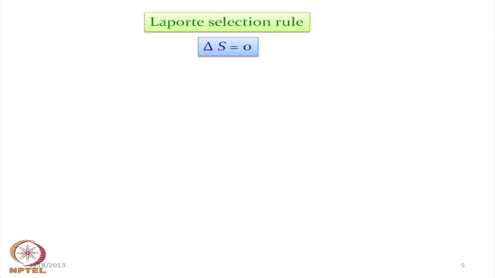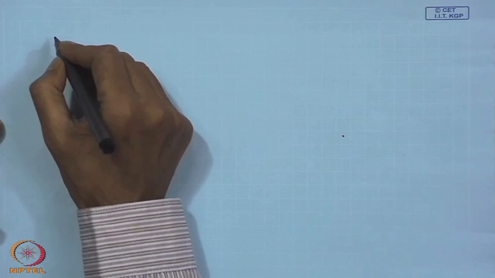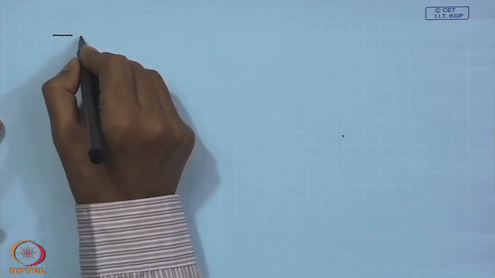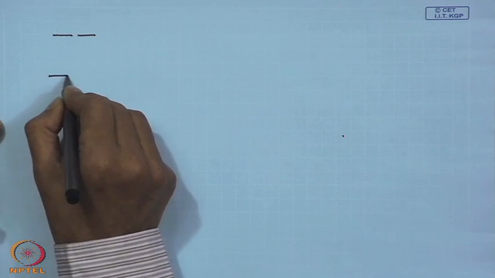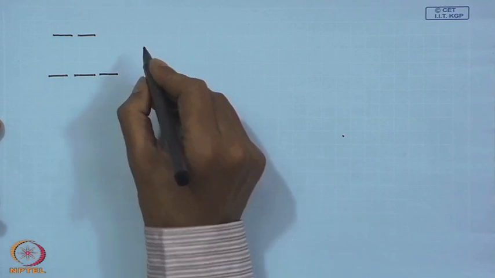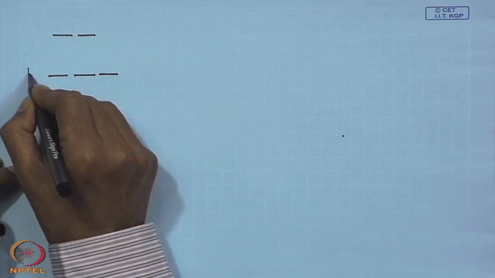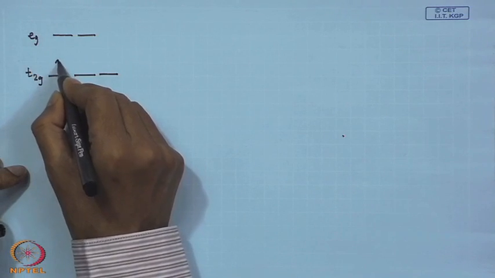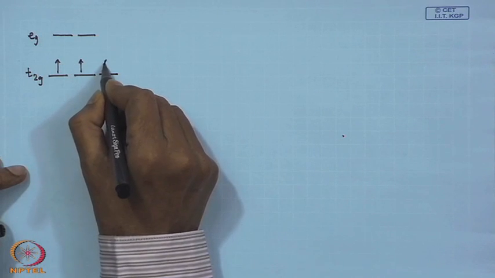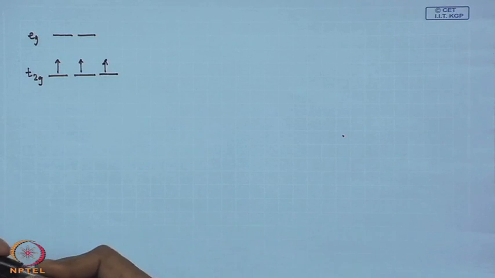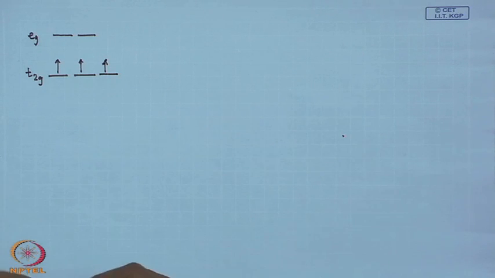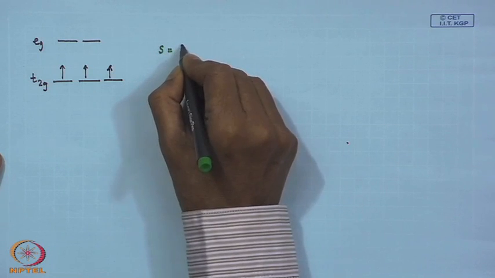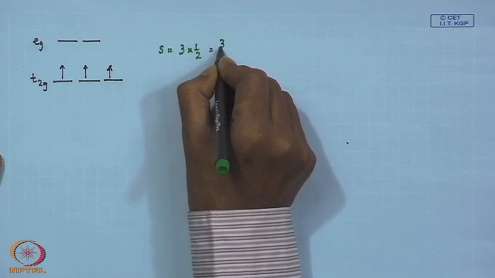Say we are considering a system where we have the T2g and the Eg levels. For a chromium system, we have 3 unpaired electrons, and these give rise to a total spin value S equal to 3 times half, which is 3 by 2.